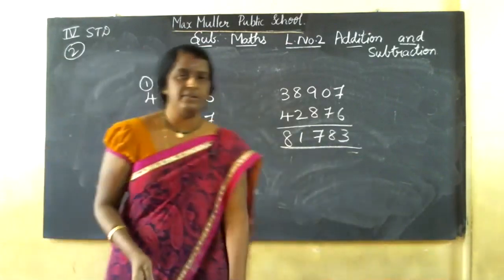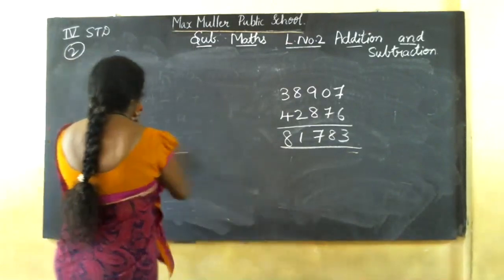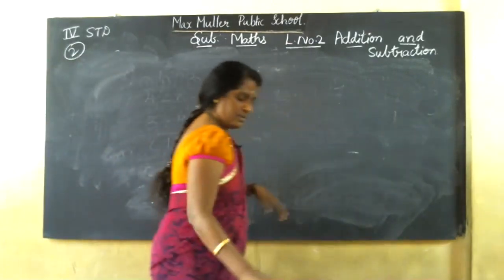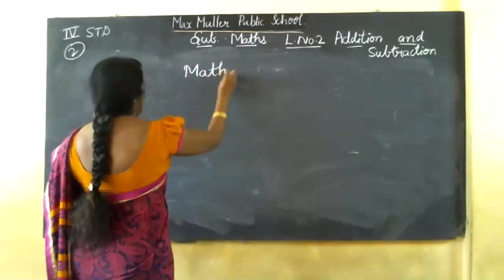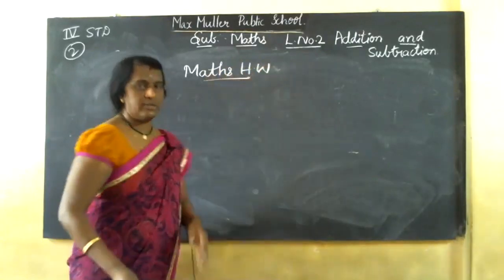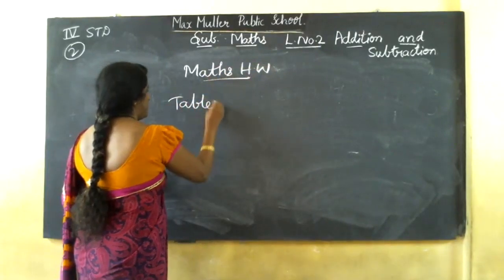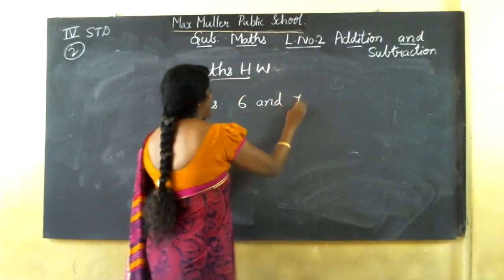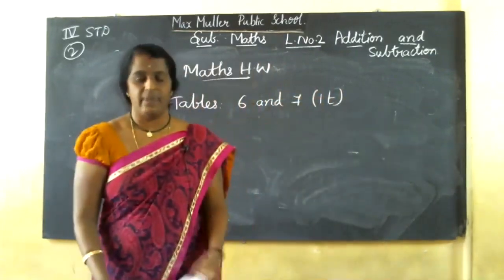Okay, so now I'll give the homework. Take out your Maths homework book. Maths homework, tables: 6 and 7, one time.